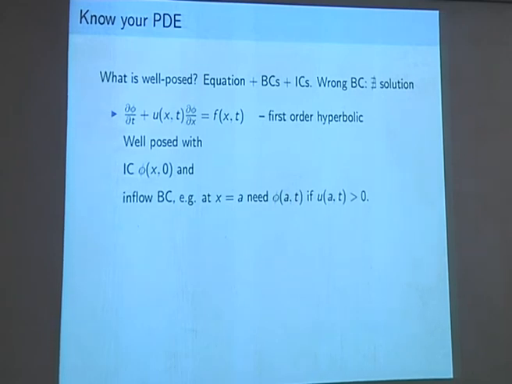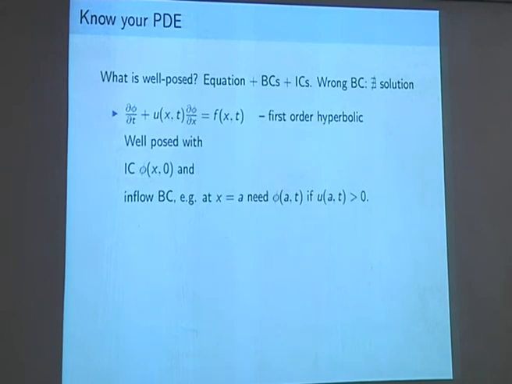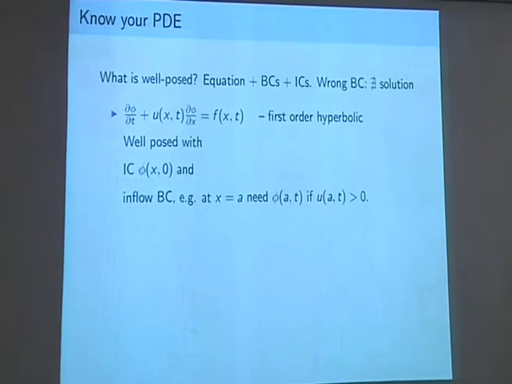So you have to tell me the function phi as it comes in over the incoming boundary. It's obvious, but if you didn't tell me that and didn't say anything to the computer about what's coming in, it will invent nonsense. So that's the first order equation.